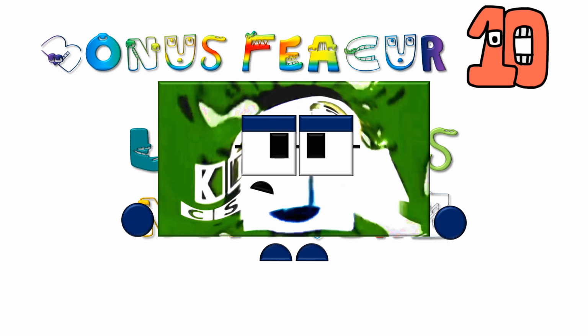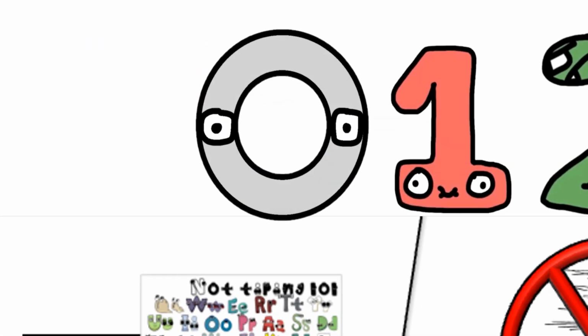Well, first, let me clarify what the uppercase numbers look like. 0 is a circle with a hole in it.